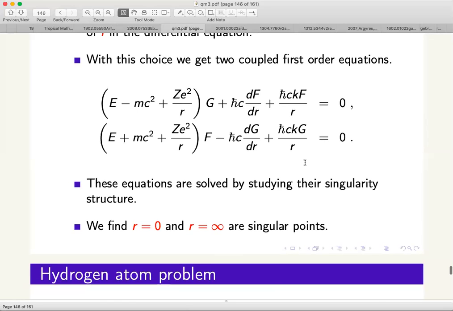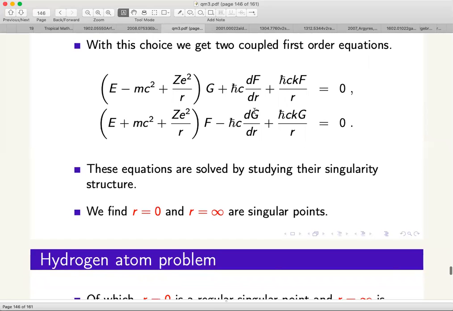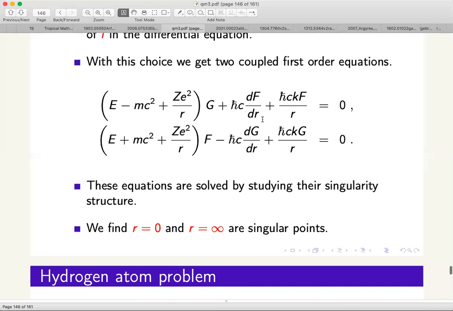Okay. And in fact, I should say one more thing: in this particular case, since we have two functions sitting around here, suppose you found that you multiply this function by r and it became finite, but you multiplied this function by r and it did not become finite, then you would still say that r equals 0 is a singular point.